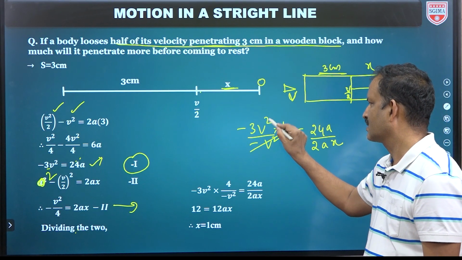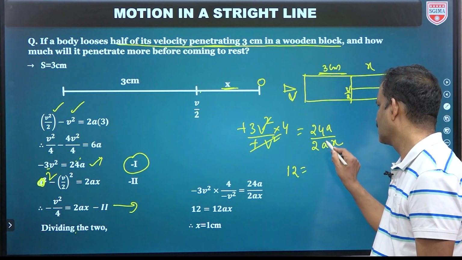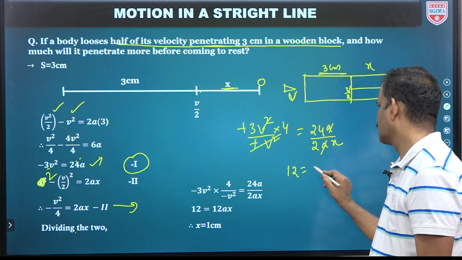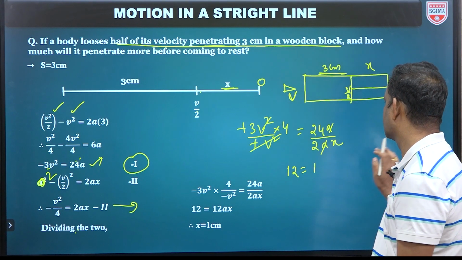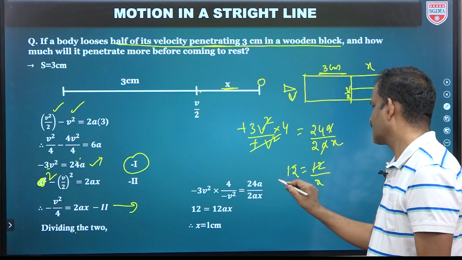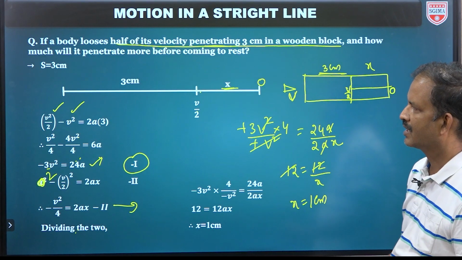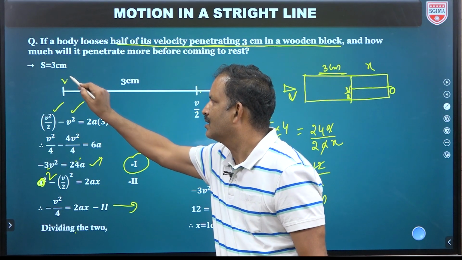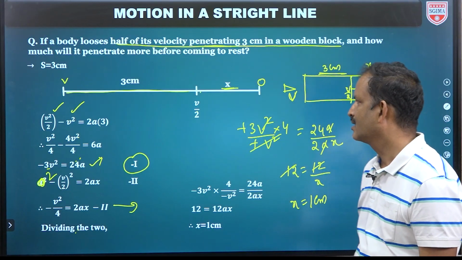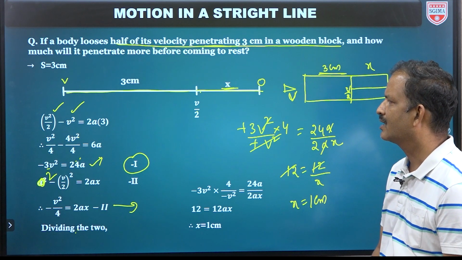Then v square cancels, so minus becomes plus. 12 is equal to, a will cancel, 12 by x. So, x is equal to 1 centimeter. Just simplification. Here you have to write, this is v, this is v by 2. I am applying v square minus u square is equal to 2as here. Again, I am applying 0 and v by 2, applying that formula and division.